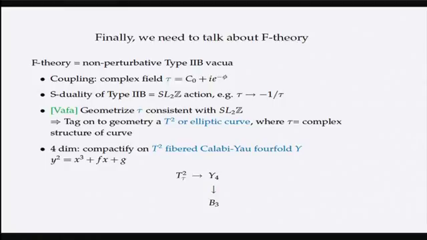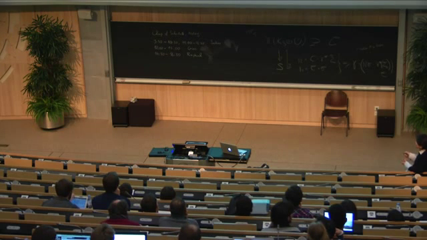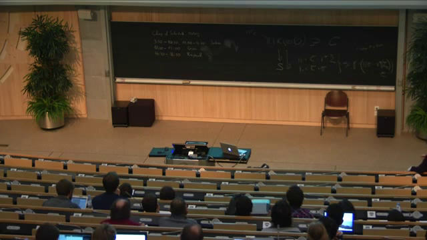We know in type 2B we have a complex coupling, tau, the axio-dilaton, the axion C0 plus i times e to the minus phi. The nice thing about type 2B is it has a self-duality SL(2,Z), which maps tau to minus 1 over tau, or more generally (a tau plus b) over (c tau plus d).